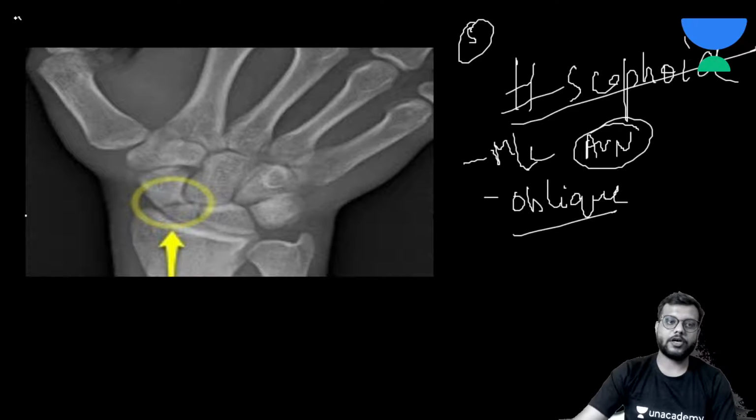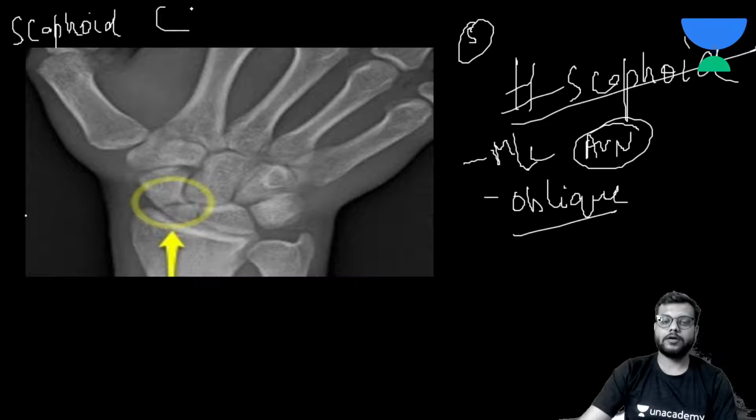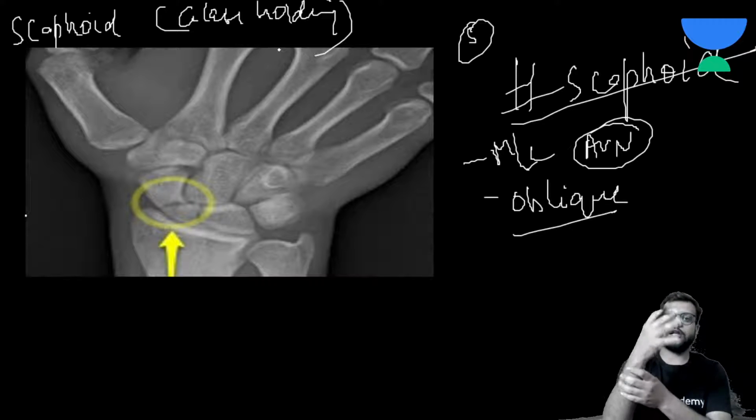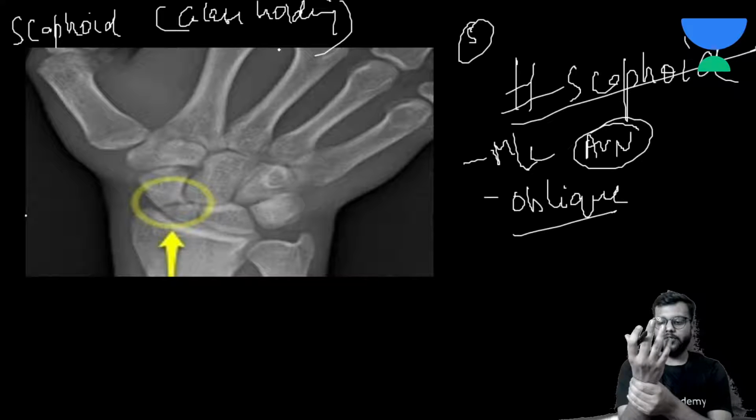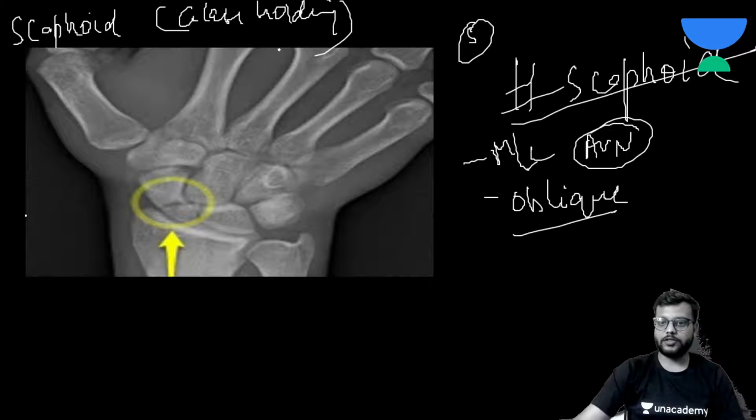There is a special cast called a scaphoid cast or glass holding cast. It is like this in the glass holding with palmar flexion and slight radial deviation. Okay, and slight radial deviation, and with palmar flexion and ulnar deviation we put police cast.